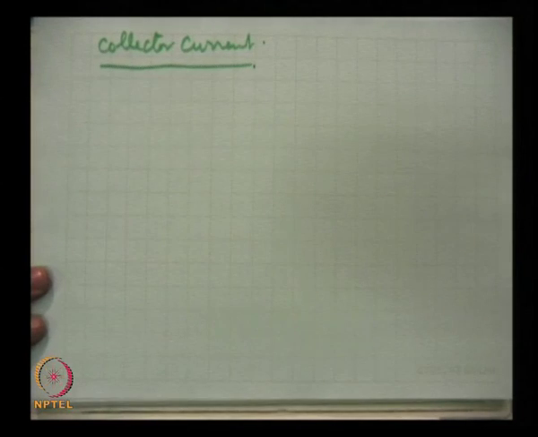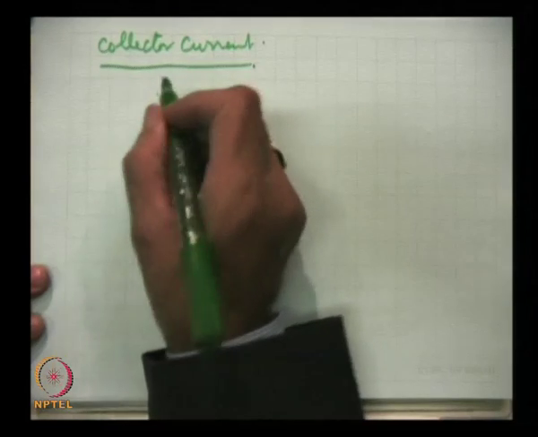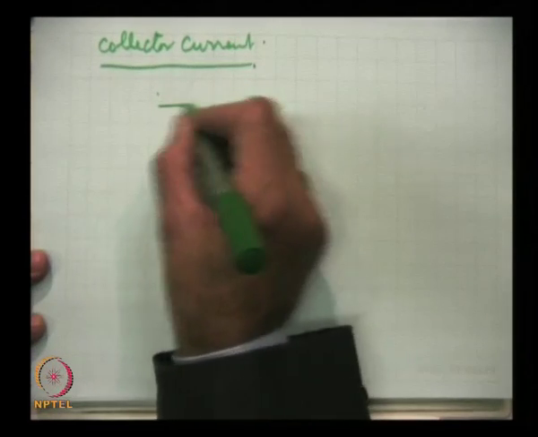Collector current again has two components. The first component, let us look at this figure.